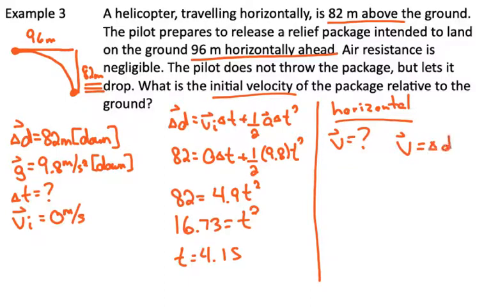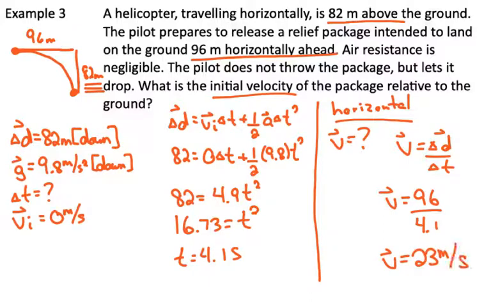V equals delta D over delta T. We know the displacement horizontally is 96 meters. And again, this is where keeping the horizontal and the vertical separated is incredibly important. The time it takes is 4.1 seconds. Dividing that out to 2 sig figs gives us 23 meters per second.